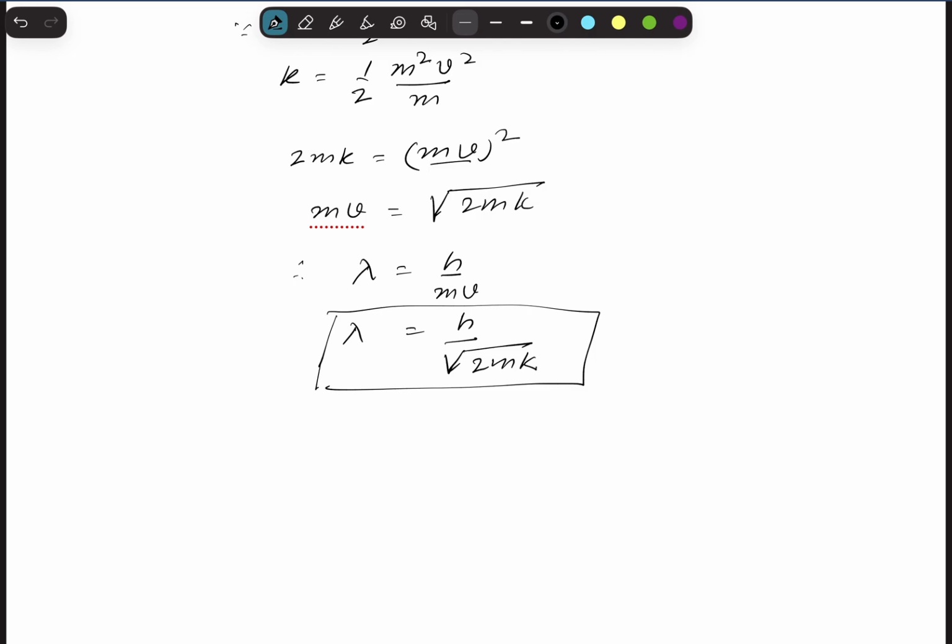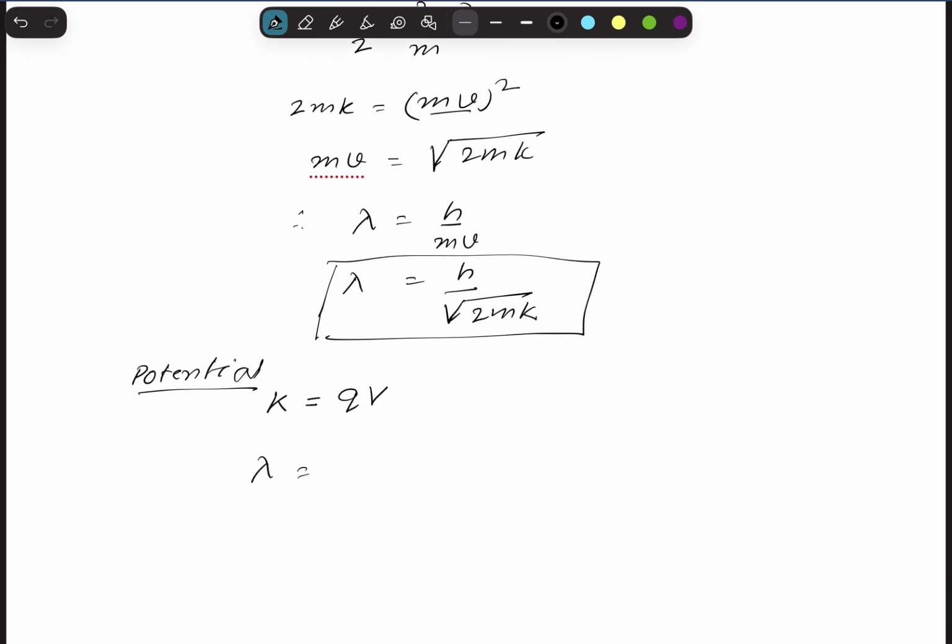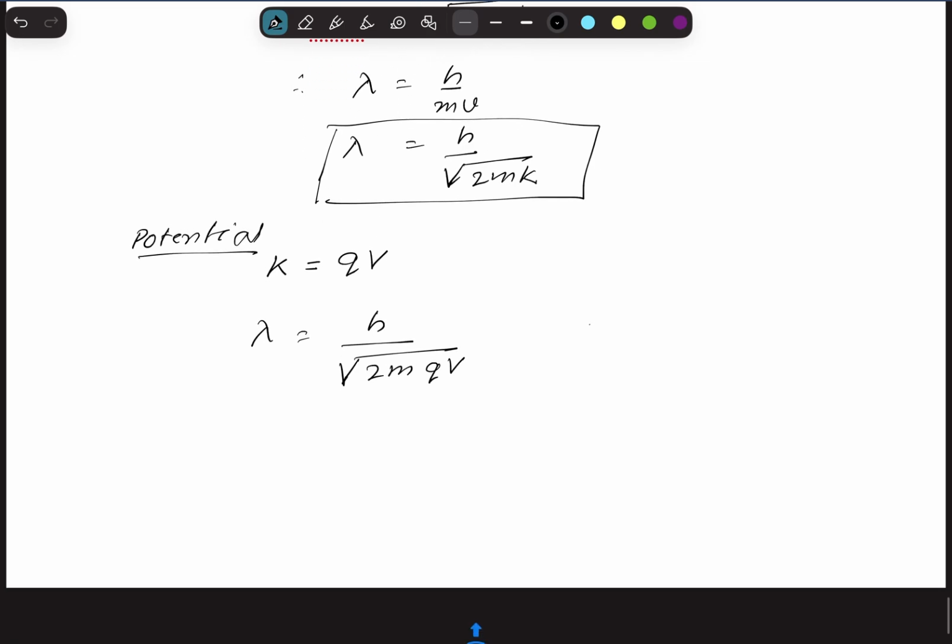Suppose I want to write it in terms of potential. In terms of potential, I can write kinetic energy as q into V. So lambda will be equal to h by root over 2m, and in place of K, I write qV. So this is in terms of potential.